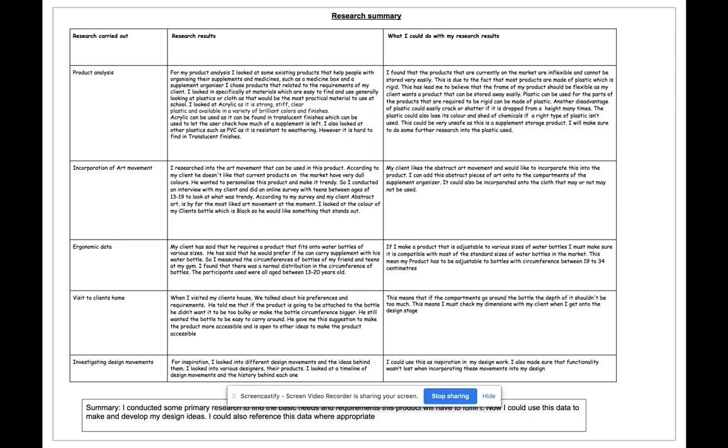So far, your research hasn't really been focused towards your product, but you're going to summarize how you're going to take certain information to help you make the product as suitable as possible.